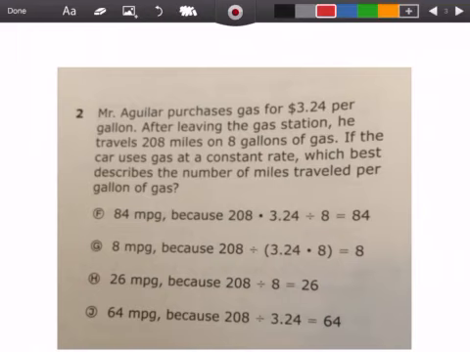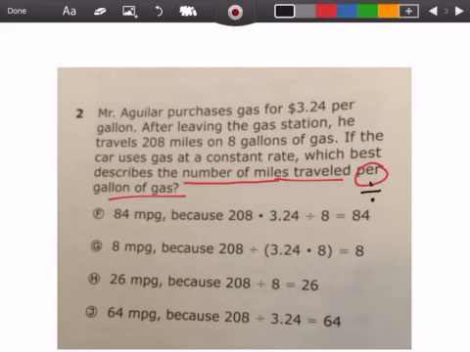Number 2, Mr. Aguilar purchases gas for $3.24 per gallon. After leaving the gas station, he travels 208 miles on 8 gallons of gas. If the car uses gas at a constant rate, which best describes the number of miles traveled per gallon of gas? Okay, again, per is our division. So what we need to know is the number of miles divided by the gallons of gas.